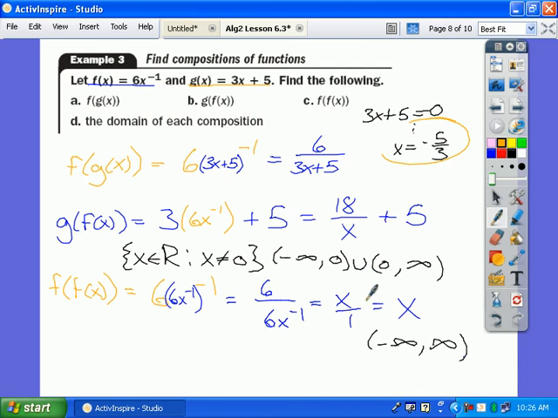This is the value that x is not allowed to be in the bottom of the fraction, because that's the value that will make the denominator 0. That's the key. The denominator cannot be 0, which means x cannot equal negative 5/3. So again, x is evaluated in the real number system, but x cannot equal negative 5/3.